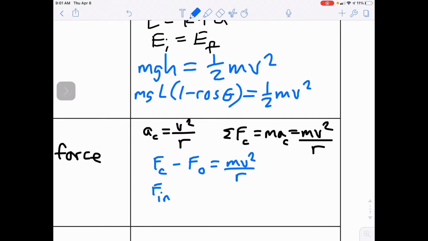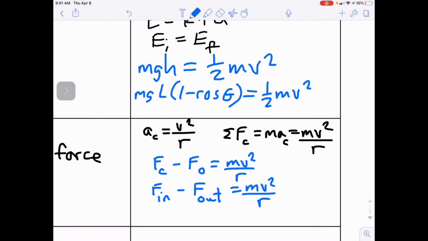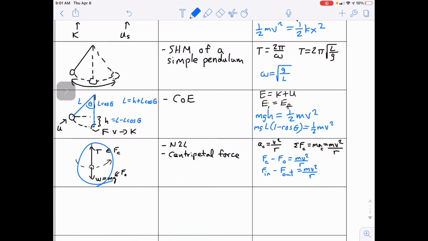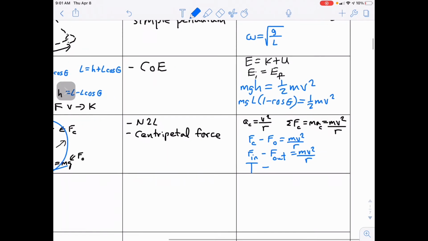Forces into the circle minus forces out of the circle are equal to mv squared over r. Now, you should be able to look at this and derive from the actual problem. In this problem, we had tension pointing into the circle minus weight pointing out of the circle is equal to mv squared over r.